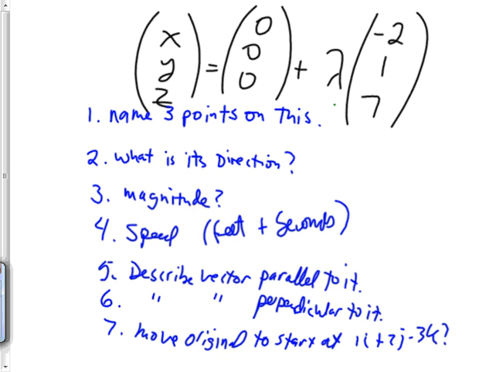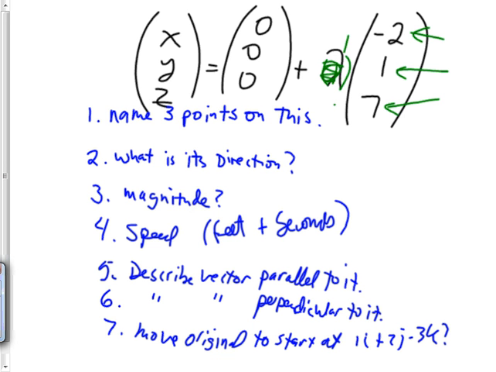Name 3 points. Well, one of the points that would be easy to name is 0, 0, 0, because it's on that point. It starts with that point. And then another point that would be easy to name is you just stick in a 1 for this. If I put in a 0 for it, that would give me this original thing. But if I go back to putting a 1 in here, then I'd have the point negative 2, 1, and 7.